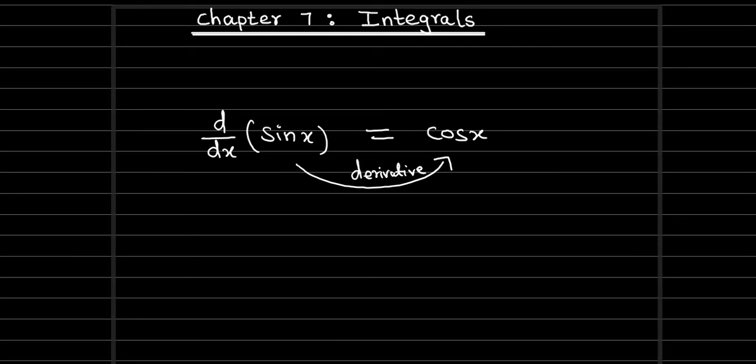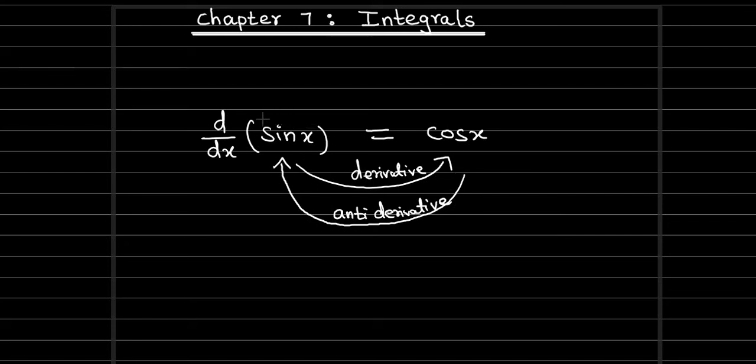Now, cos x is the result of differentiating which function? The reverse process of finding the derivative, we call it antiderivatives. So basically integration is a reverse process of the derivative.